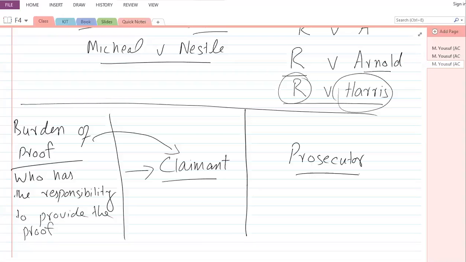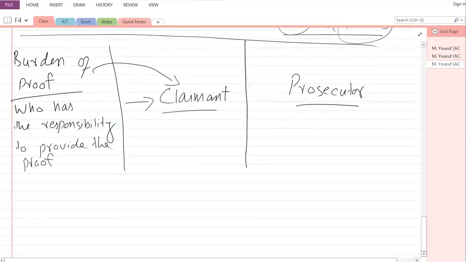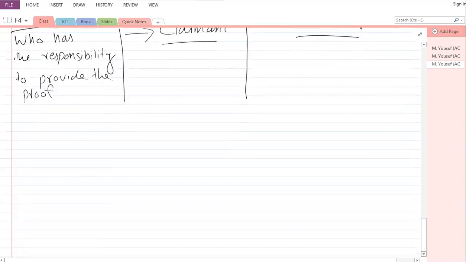By different sorts of proof or evidence, like fingerprints or CCTV footage, they will prove that Mr. A was involved in a theft or a robbery. So it is the responsibility of the prosecutor to prove the evidence in the court. This is called burden of proof. So these are the two types of laws, civil law and criminal law.